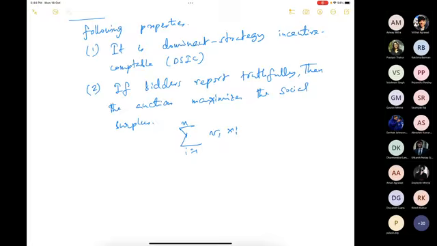Now you see that in the second price auction, because it is DSIC, players bid truthfully vi, and the item gets allocated to the highest bidder. So the allocation rule, which decides who will be the winner, maximizes this summation, which is called social surplus.